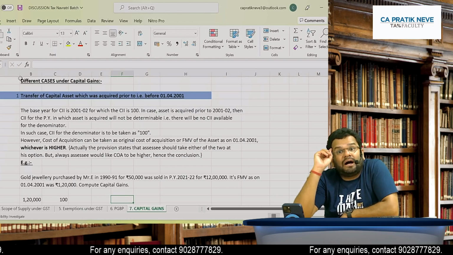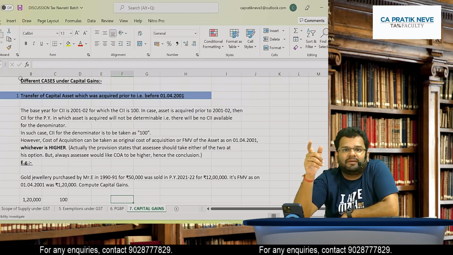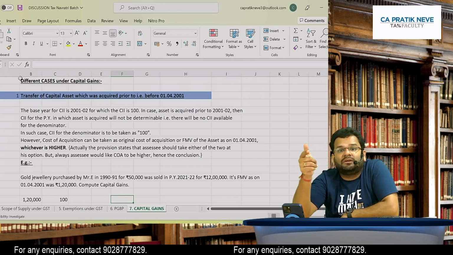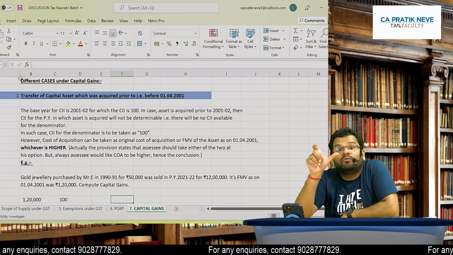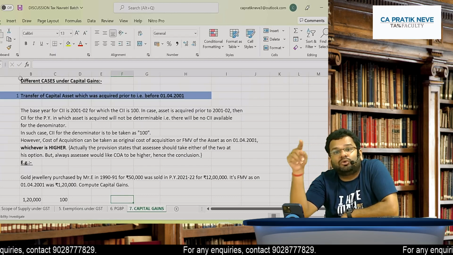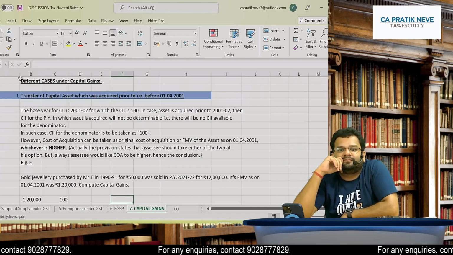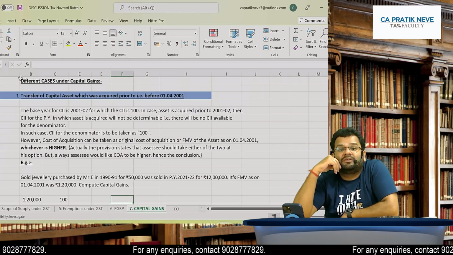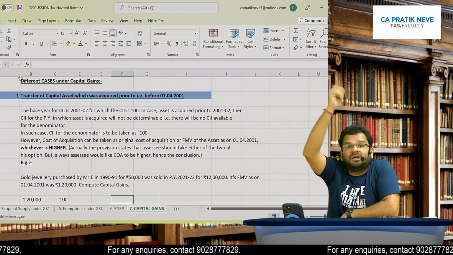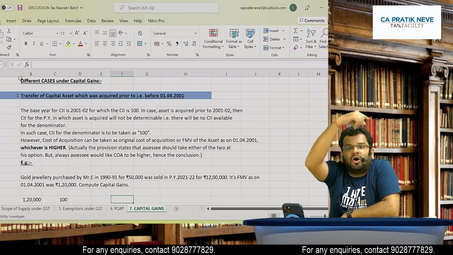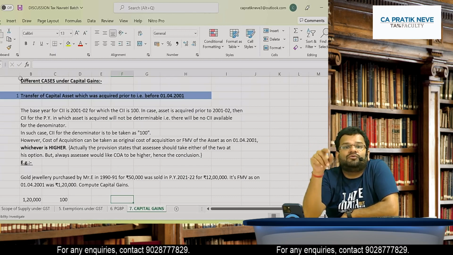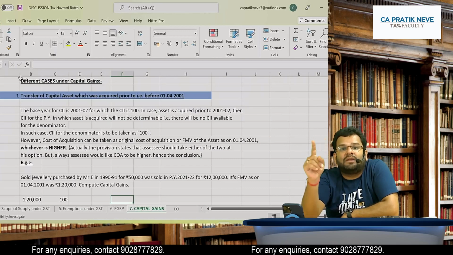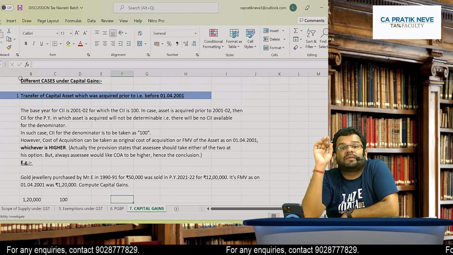But if you are taking CII of 1-2, which is 100, then the government should also give you the option to take value as on 1st April 2001. So you are given that option. You should take original purchase cost or FMV as on 1st April 2001, whichever is higher.